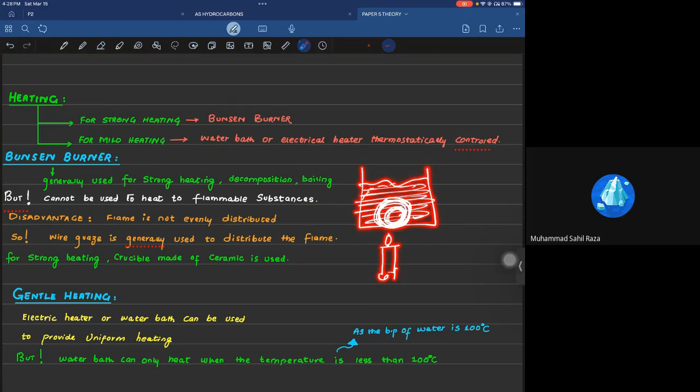The rest of the area would be comparatively cooler. That's why I'm saying that your Bunsen burner is not going to provide an even distribution of heat. So that's the reason it's not accurate, I can say.